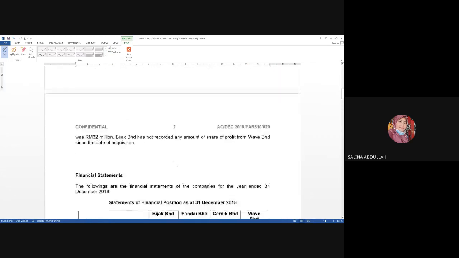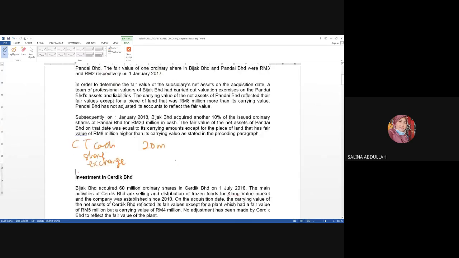So basically for this share exchange, how do you calculate? It will be 180 million ordinary share capital times 70%, which is equal to 126 million. So this is the ordinary share capital that holding acquires in S1. You will multiply with 1 unit of ordinary share issued by holding to S1, 1 for every 3.